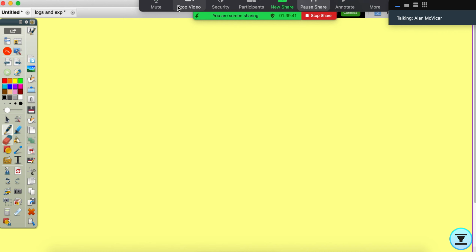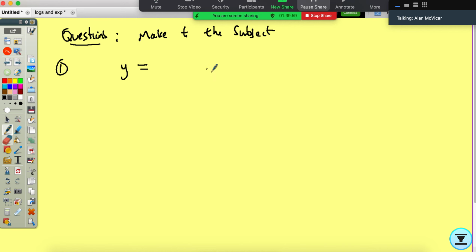Right, let's make my questions the same as my last class so that I've got the answers here. Right, questions. 1: make t the subject, y equals 10e to the power of 4t. 2: y equals 16e to the power of negative 4t squared.